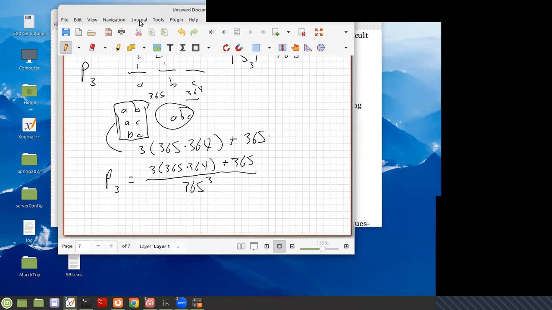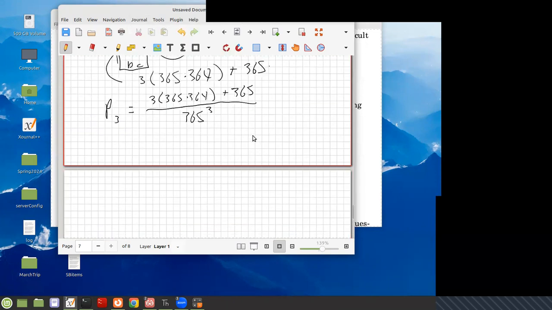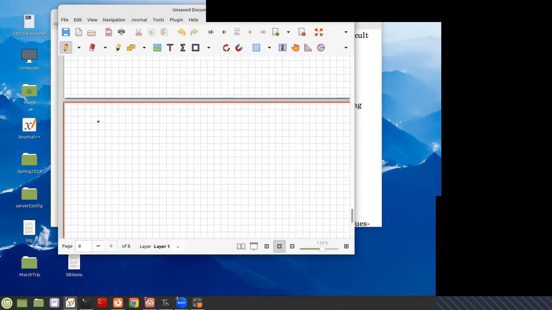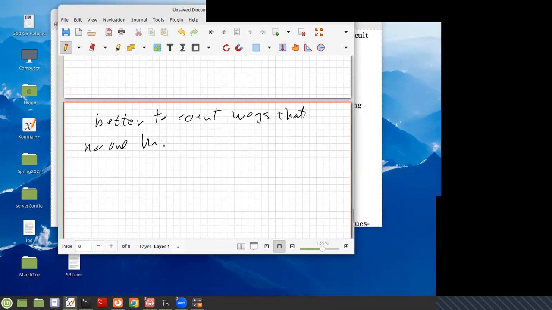So the upshot is that it is going to be easier to count the ways that no one has the same birthday, and then subtract that from the total number of ways.